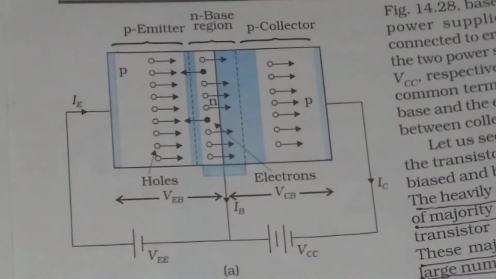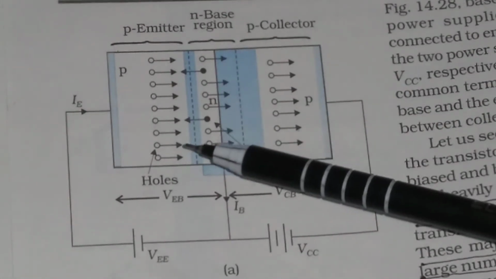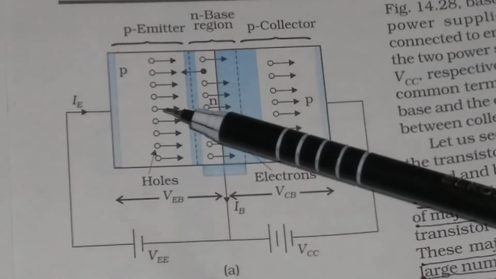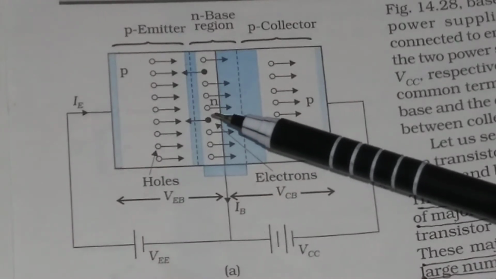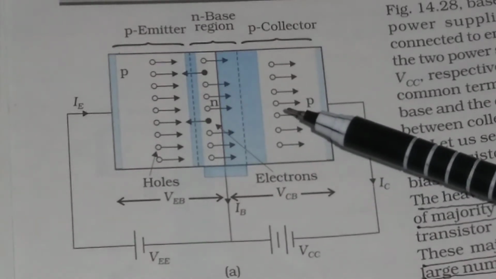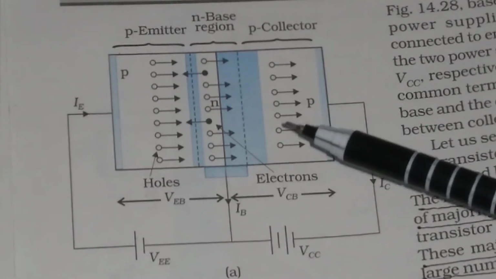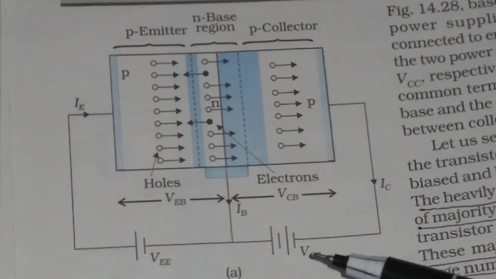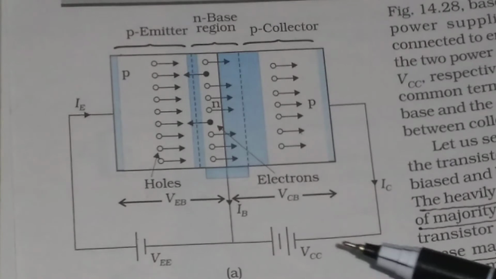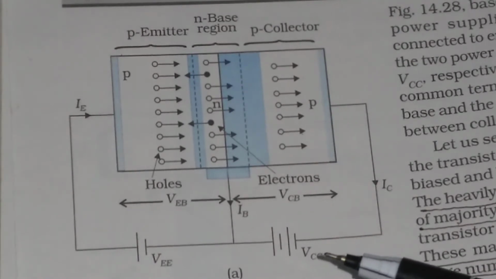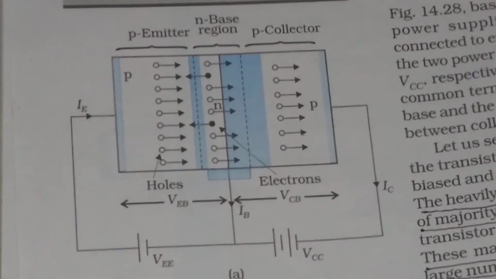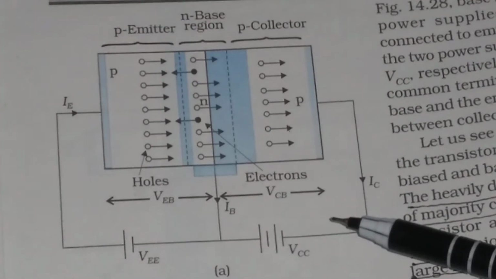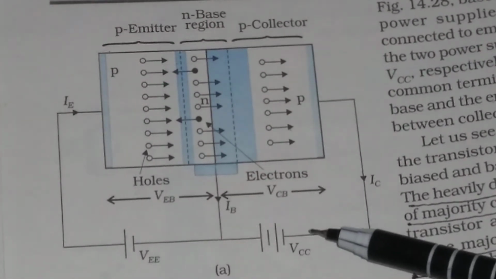And here you see the majority carrier in the P-type semiconductor is hole. Here the majority carrier is electron and here the majority carrier is hole. And this is the VCC. VCC means the biasing voltage, the DC biasing voltage. Here CC stands for the DC power supply voltage.